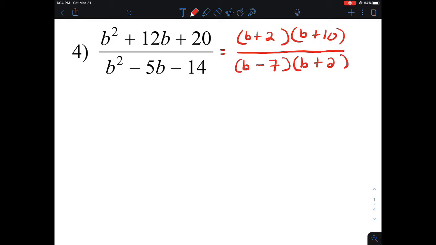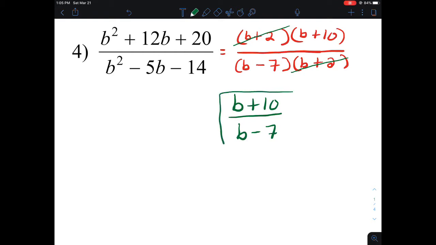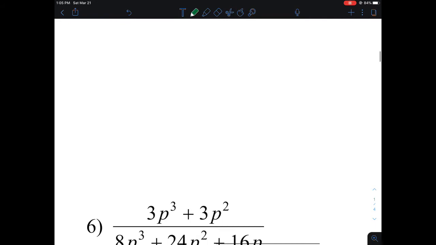I'm looking for what can cancel, and I see I can cancel out the b plus 2's. I have a b plus 2 as a common factor of both my numerator and denominator, so they'll cancel out. What's left after I do that would be b plus 10 divided by b minus 7. There's my simplified form. Let's go find another one.